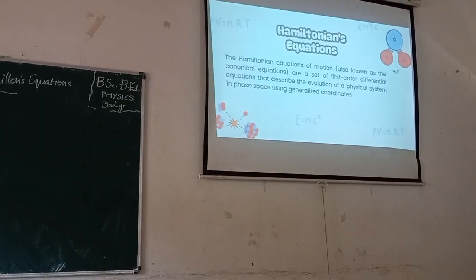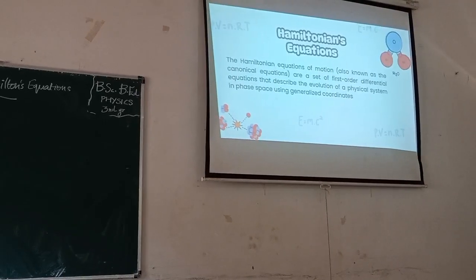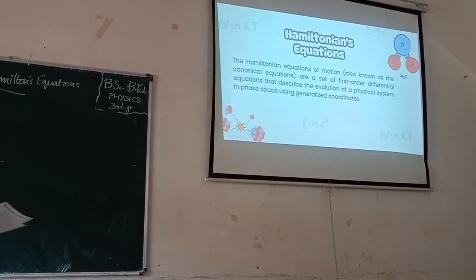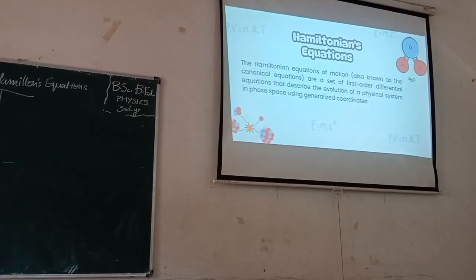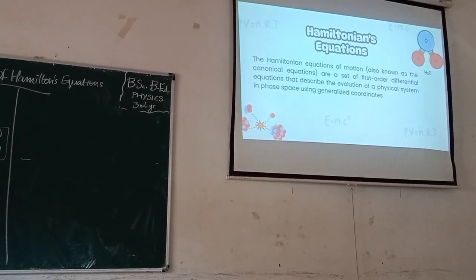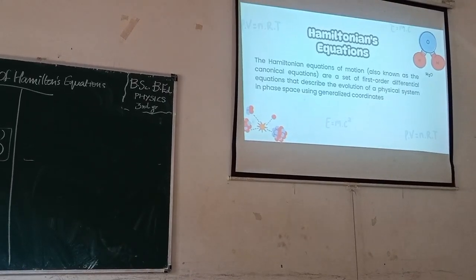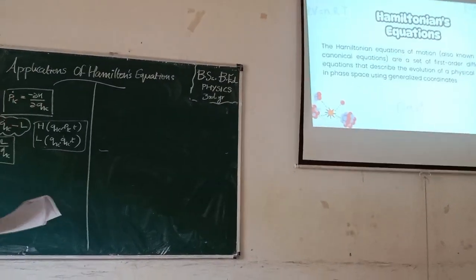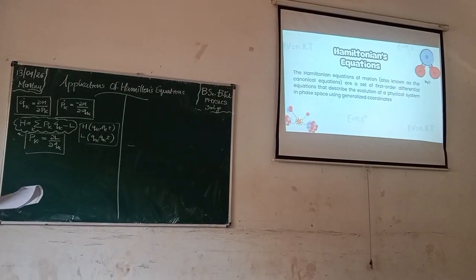So what is Hamilton's equation? Equations of motion, also known as canonical equations, are a set of first order differential equations. So these two are first order differential equations, but the Lagrangian was a second order differential equation that we already studied. They describe the evolution of the physical system in phase space using generalized coordinates.